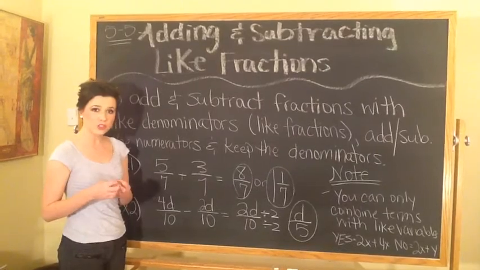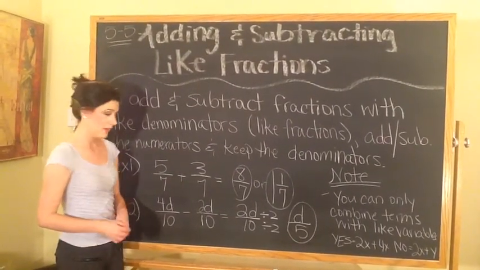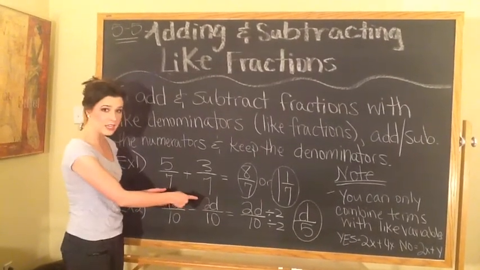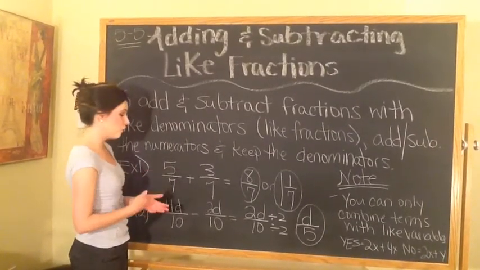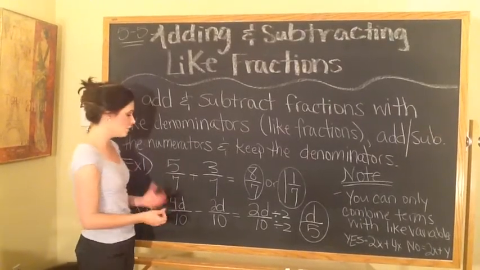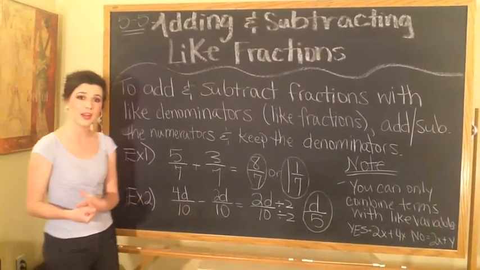Because both of those terms have a d in them, that's the only reason you can combine them. If this was 4d minus 2c, you wouldn't be able to simplify or combine them. It would just be 4d minus 2c over 10, because unless you have the same term, you can't combine. Alright, so let's do some examples.